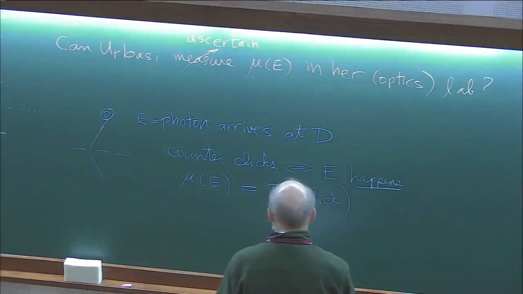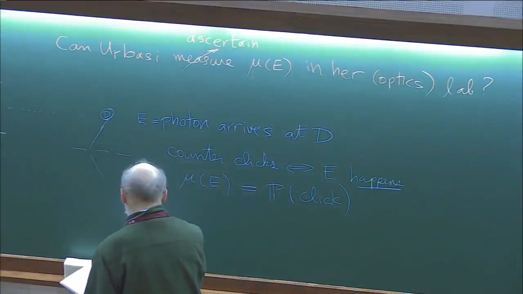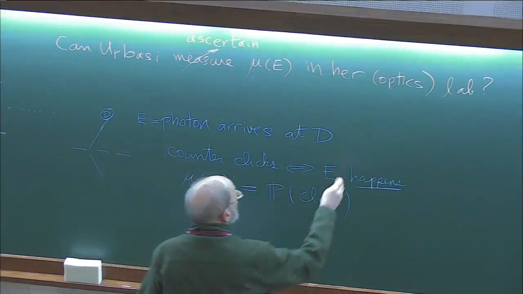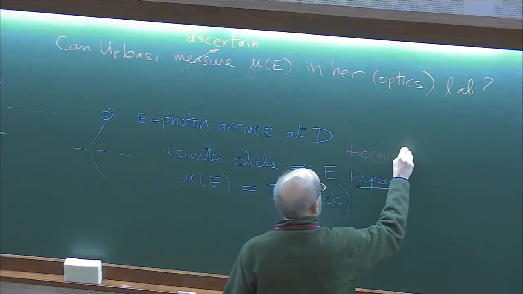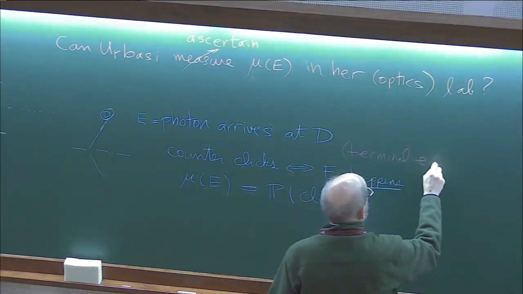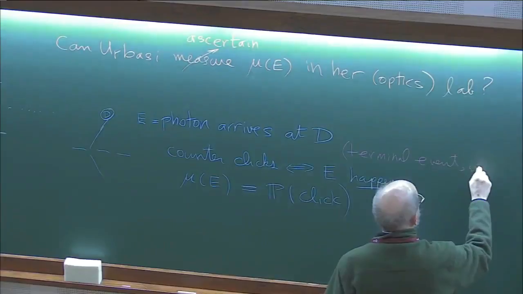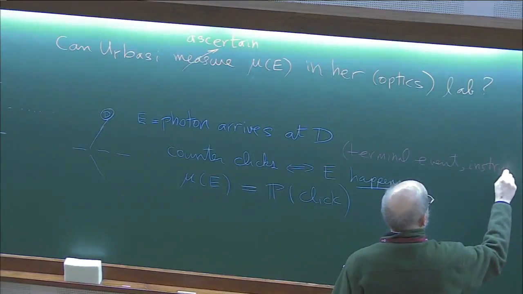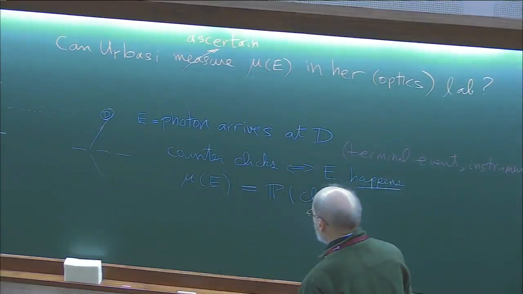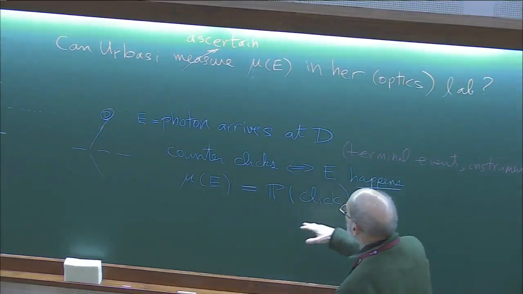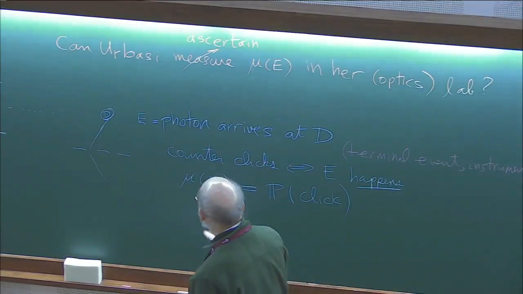So the mu of E in this case is what I called before a terminal event, and it's also what I called an instrumental event. So it fits into two categories, in either of which the quantum measure can be interpreted directly as a probability. So that's one thing.